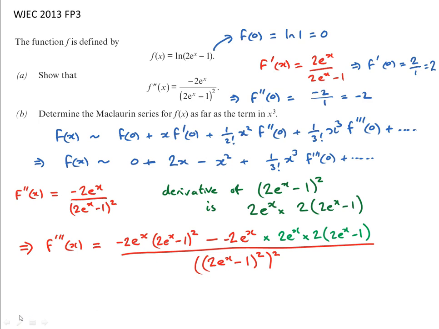Now all we want is the value of the third derivative when x equals 0. So the sensible thing at this stage is not to do any simplification of that horrible fraction. It is simply to substitute x equals 0 into that expression. And if we substitute x equals 0 in, the numerator becomes minus 2 times 1 squared, which is just minus 2.